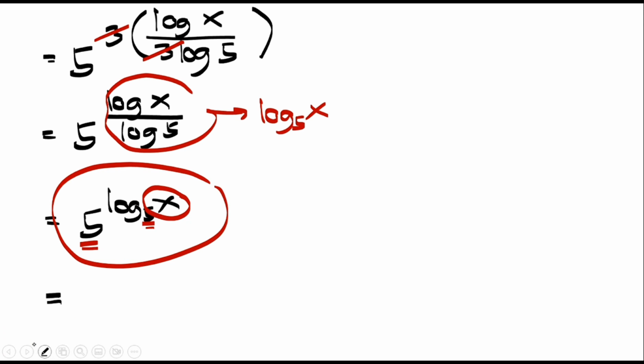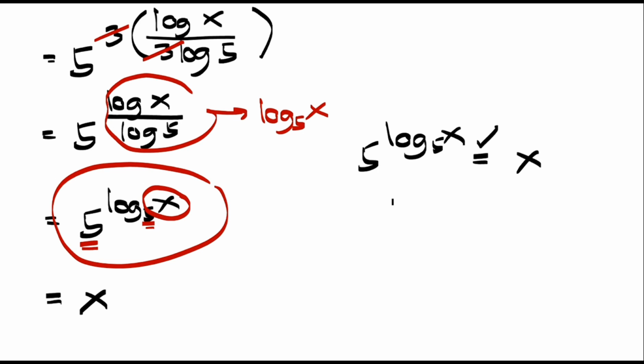So this expression is equal to x. So how to verify whether this is really equal to x? So let us have 5 raised to logarithm of x to the base 5. We have said that this is equal to x. So let us see whether it is really equal to x.